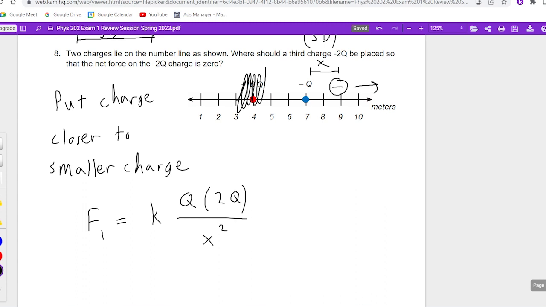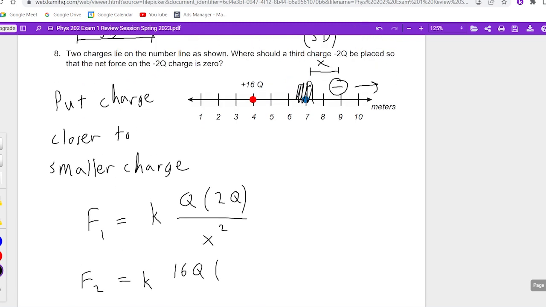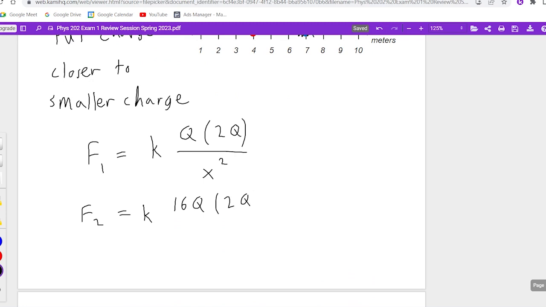And then force 2, let me now cover up the other charge like this. Force 2 is going to be K times the charge, which is 16Q, times the second charge, which is my negative 2Q, which again I'm making positive, divided by, this is not x squared.